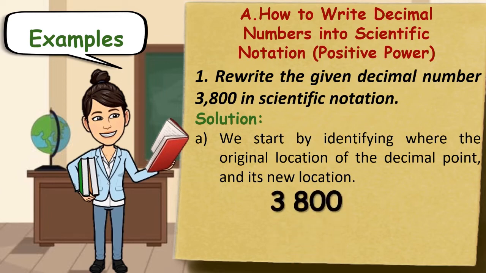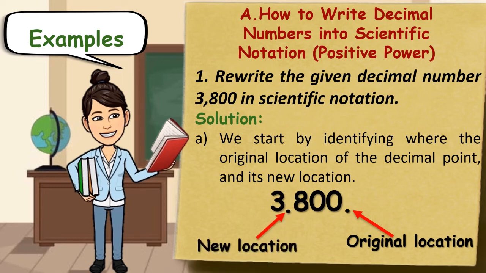Since 3,800 is a whole number, the original location of the decimal point is on the far right. To have a number part or coefficient that is greater than or equal to 1 but less than 10, we will move the decimal point towards the left, that is between 3 and 8 to obtain 3.8.